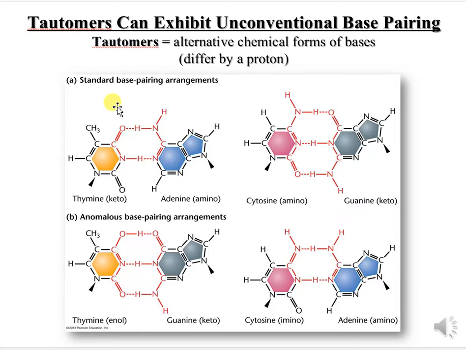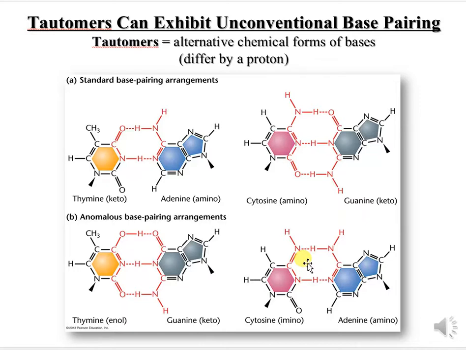This is all on the basis that your nitrogenous bases will readily shift in form, because they shift their protons due to electron movement. So a proton moves from one location to another. It alters where that hydrogen bond is forming. It'll often move the location of double bonds, so a double bond can move from between a carbon and an oxygen to instead a carbon and a nitrogen, as you see here.